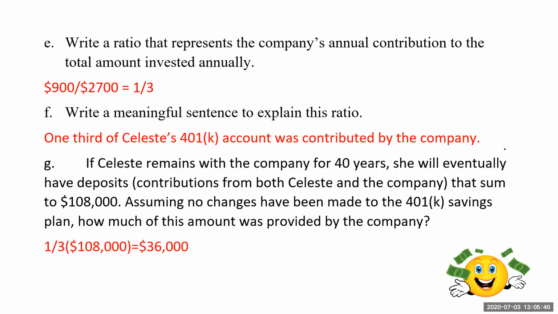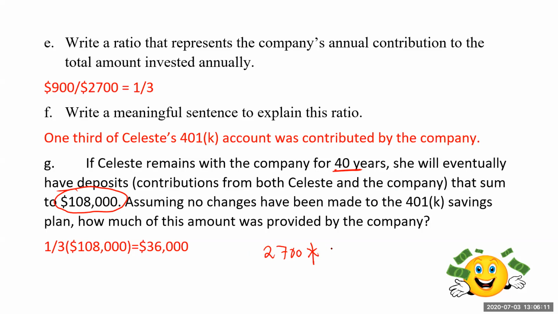Sweet. I'm sure you may be wondering how we came up with this number. This number is coming from the fact that we had said in the previous slide that for the whole year, the company and Celeste together contribute what? 2,700. So 2,700 multiplied by 40 years. So every year, Celeste's contribution together with her company's is 2,700.